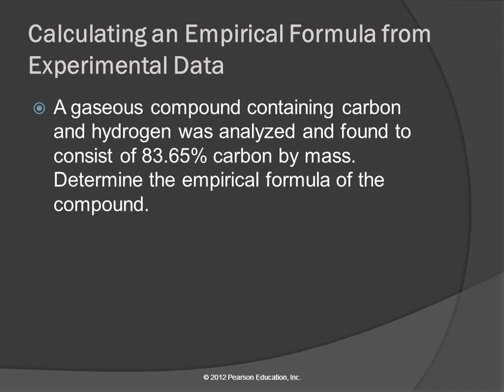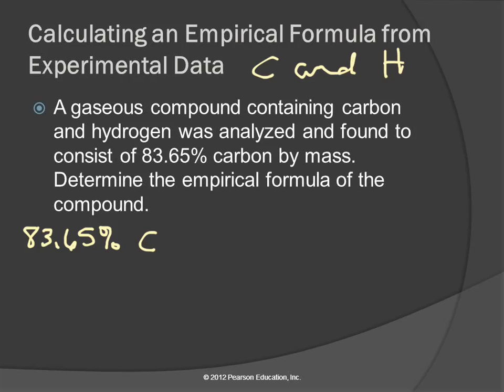We need the mass of each element. Well, what two elements are present in this compound? Carbon and hydrogen. So we've got carbon and hydrogen. Well, they tell us it's 83.65% carbon. So there's an example where we're given a percentage, but we need a mass.